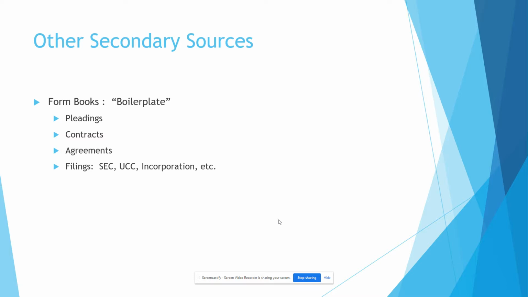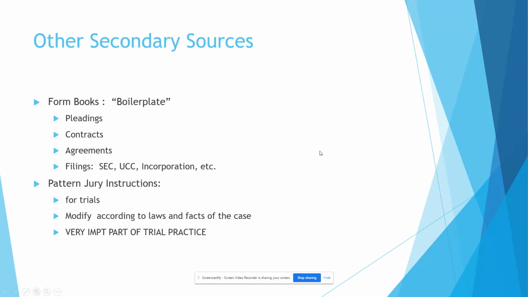Contracts: I want a contract for sale of a property, or a form will. I can look at these forms and change them around to my particular factual situation. I think even IRS forms. So that's a form book. Super helpful in a law practice.